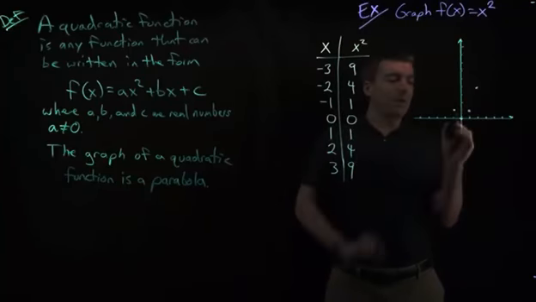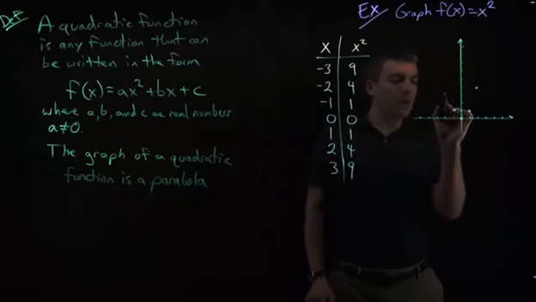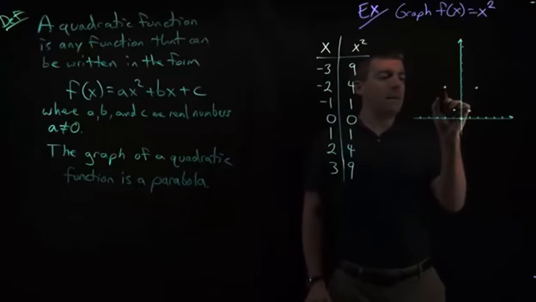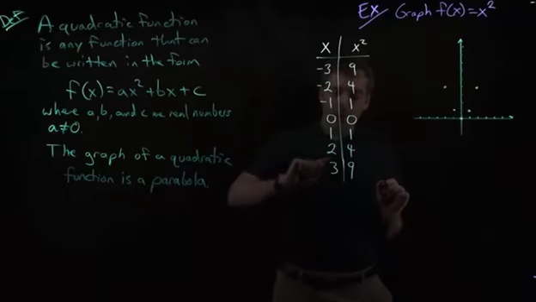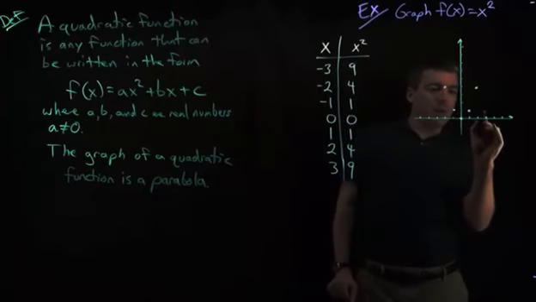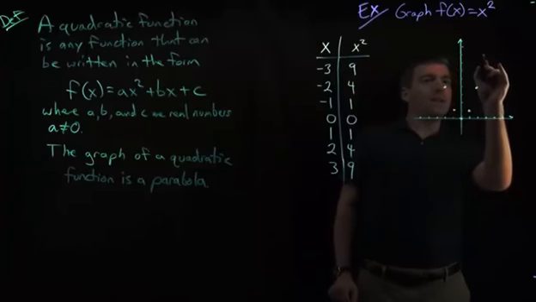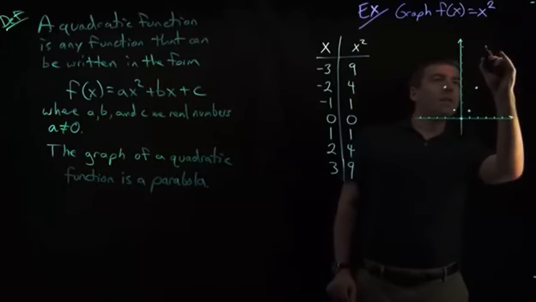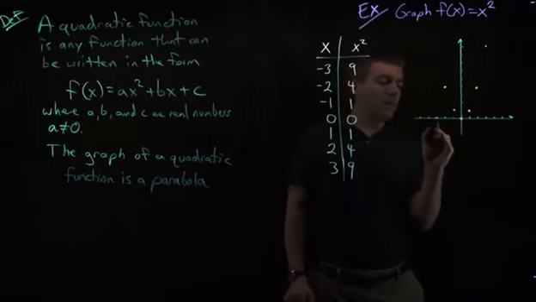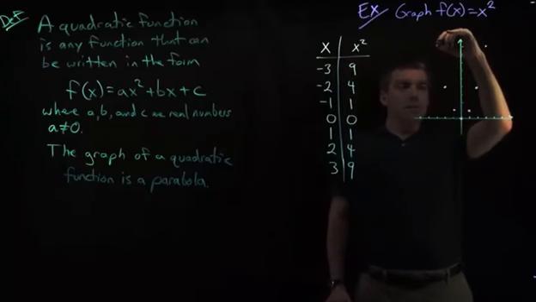And we also have negative 2, 4, over 2 to the left, and 1, 2, 3, 4. All right, we have 3, 9, and negative 3, 9. 1, 2, 3. And we'll go up 1, 2, 3, 4, 5, 6, 7, 8, 9. And we'll go through to the left and also up 9.